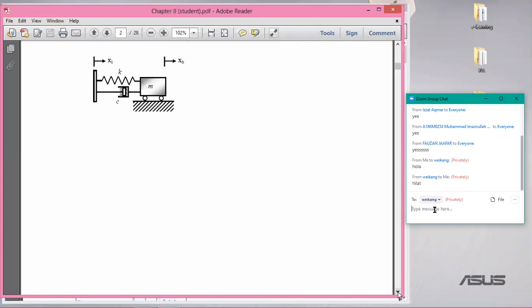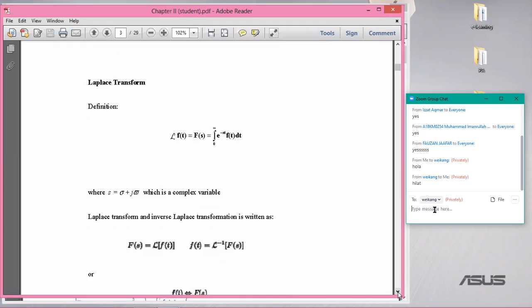I'm not here to teach you what a Laplace transformation is, or how you get it. You have learned that in your engineering mathematics class.